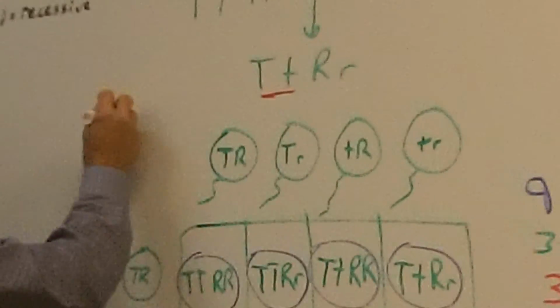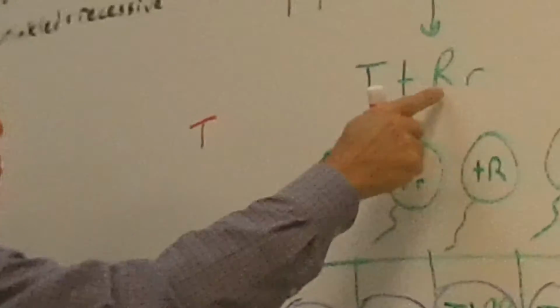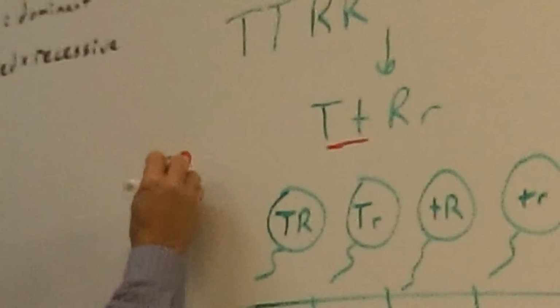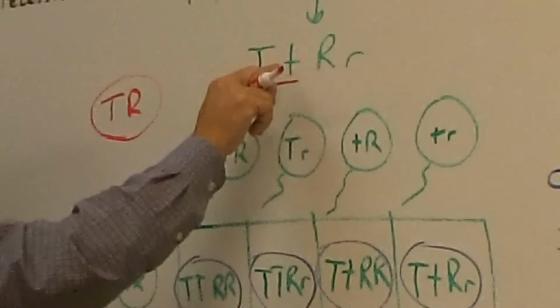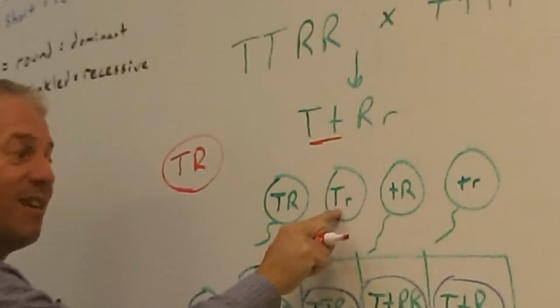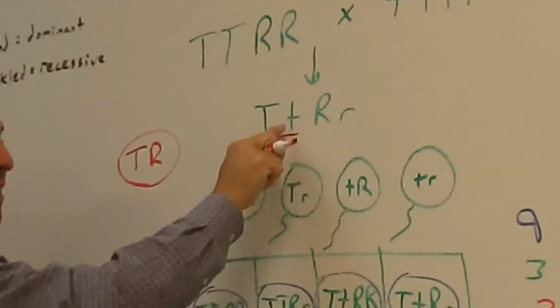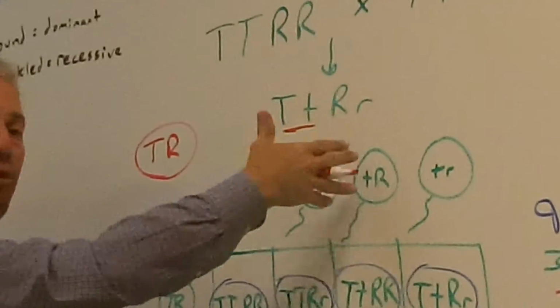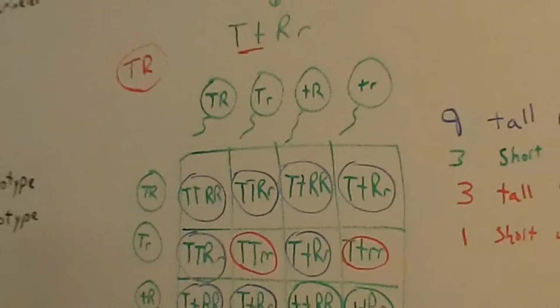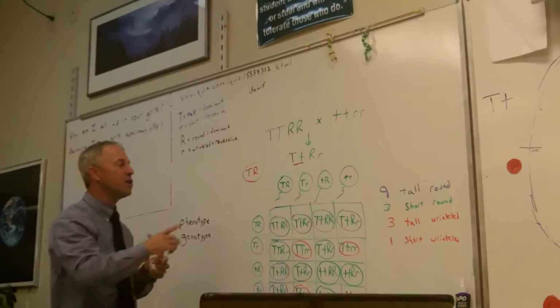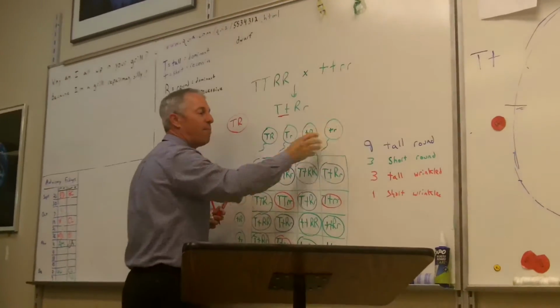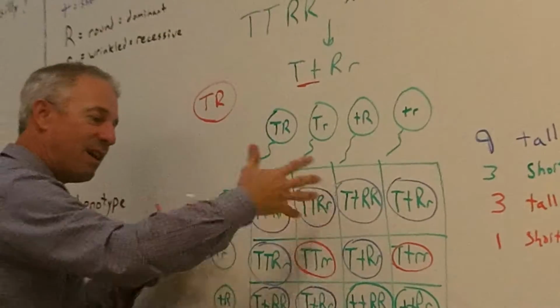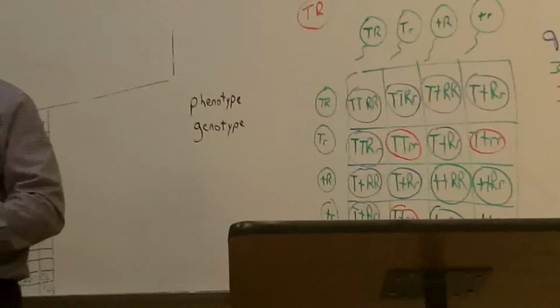Big T into a sperm cell, and one of those two, big R. So that's one kind of sperm cell. Are there any other kinds? Yeah, you could take a big T and a little r. You could take a little t and a big R. You could take a little t and a little r. Those are all four possibilities. So you take all the possibilities for one parent and all the possibilities for the other parent, and that's your square. Now you can go do the rest.